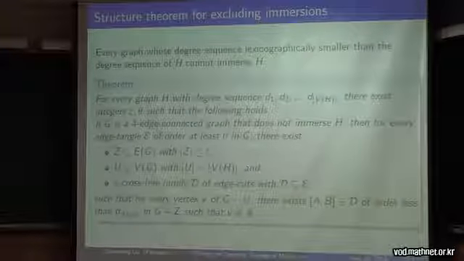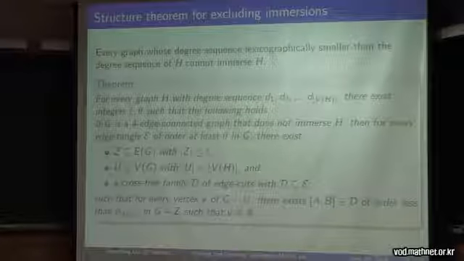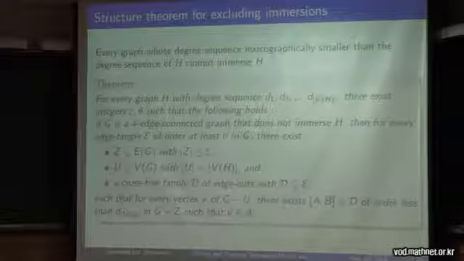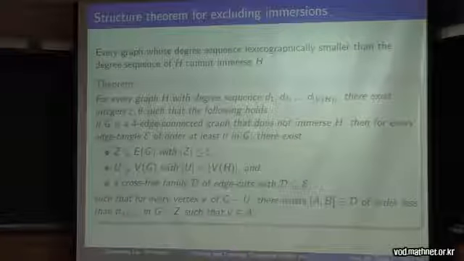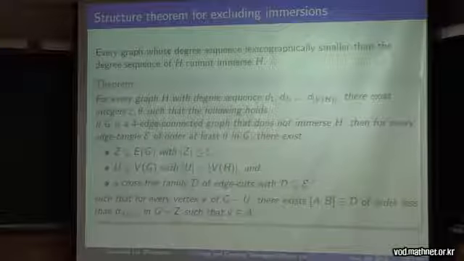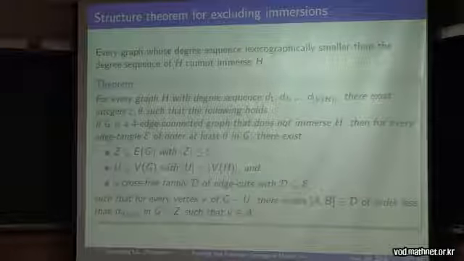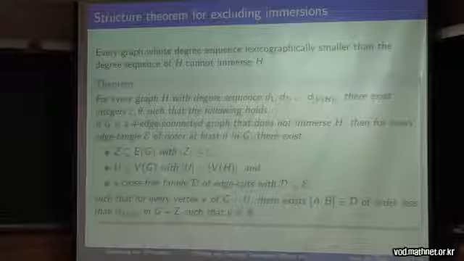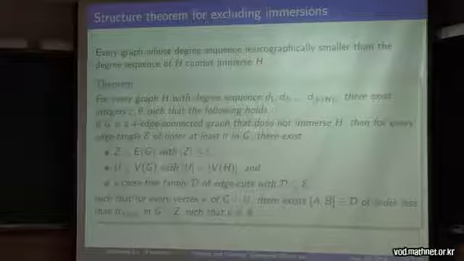But if the original graph G immerses H, then this new graph will immerse another graph H prime, which is smaller than H. So let me put it this way. Now I pick a graph G that has no kH disjoint H immersions. Then I apply this structure theorem by taking not H, but another graph H_k, obtained by duplicating H k times. If I have an immersion of this graph, it means I have k disjoint H immersions.